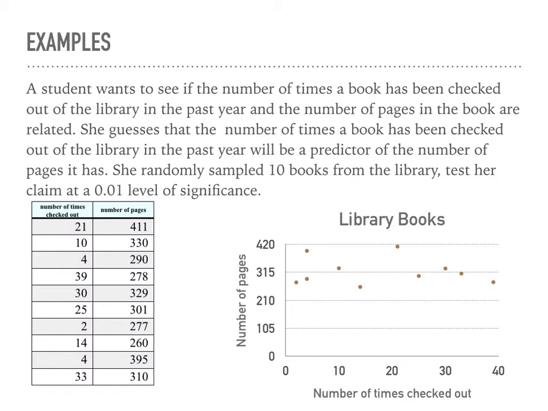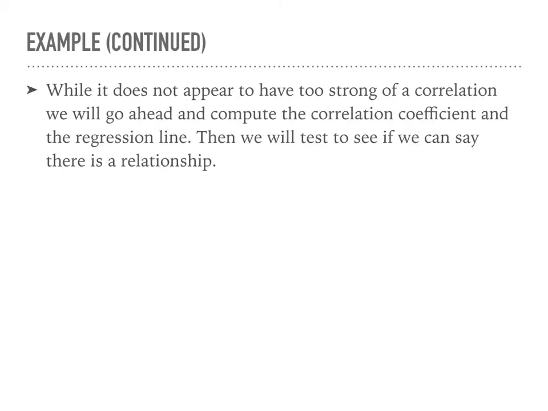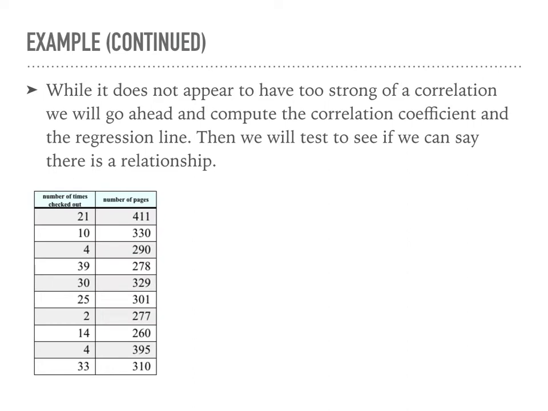So let's go ahead and perform a hypothesis test. Whether we find a strong correlation coefficient or not, we're going to perform the test just for the practice. Even though it does not appear to have too strong a correlation, we're going to compute the correlation coefficient and the regression line and test to see if there's a relationship.